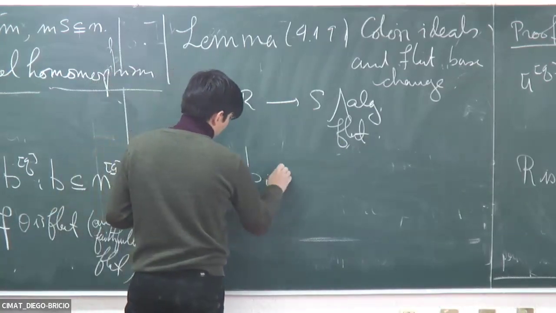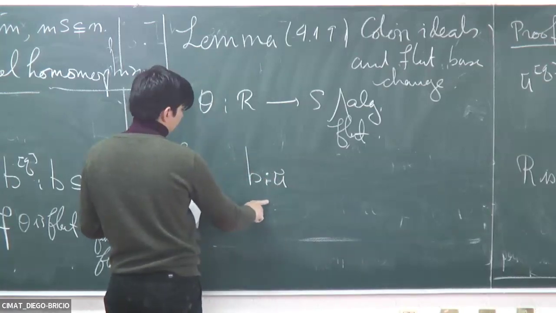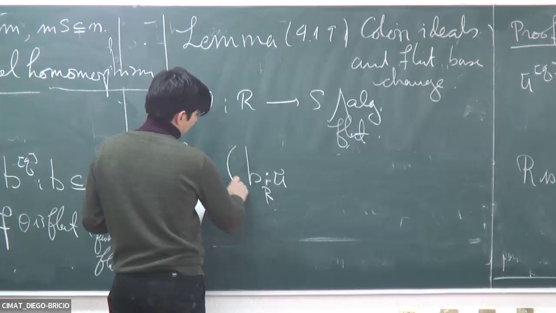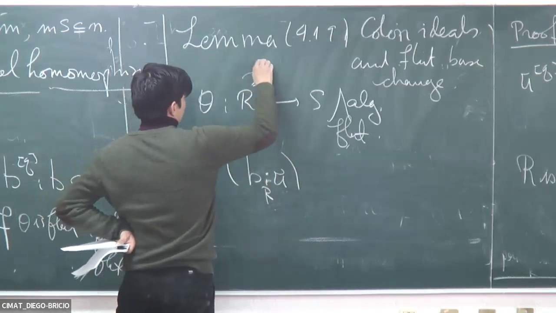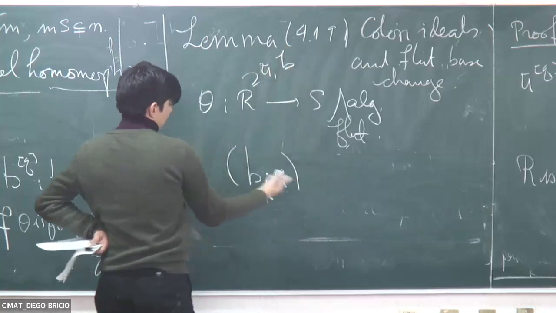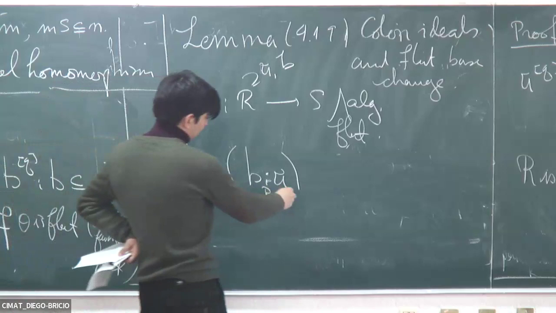Suppose that you have this colon ideal of ideals in R. So A and B are ideals of R. So A colon B lives in here, and you have this ideal.